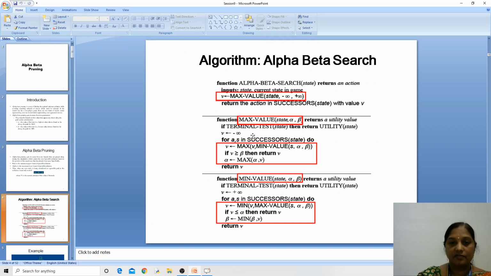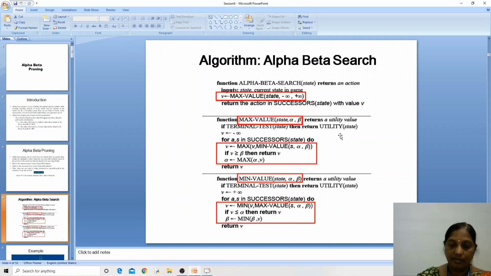In this max value function, the parameters you pass are state, comma alpha, comma beta. State is the current state, alpha is the current maximum value and beta is the current minimum value. It returns the utility value. What is the utility value? It specifies the output of the game.